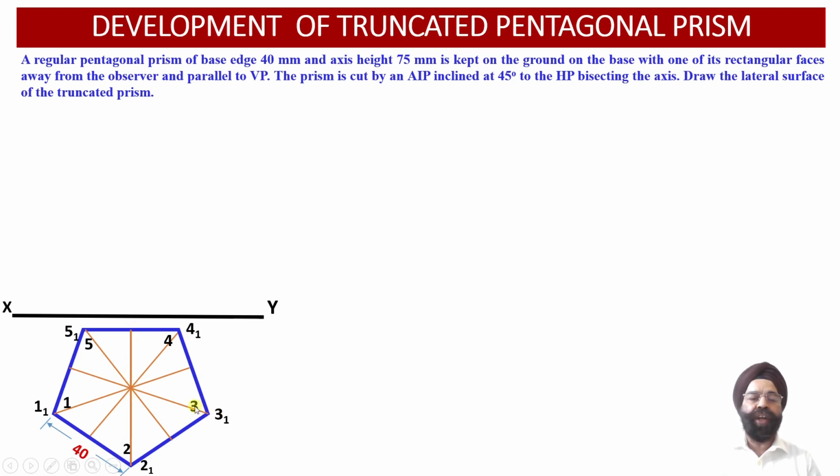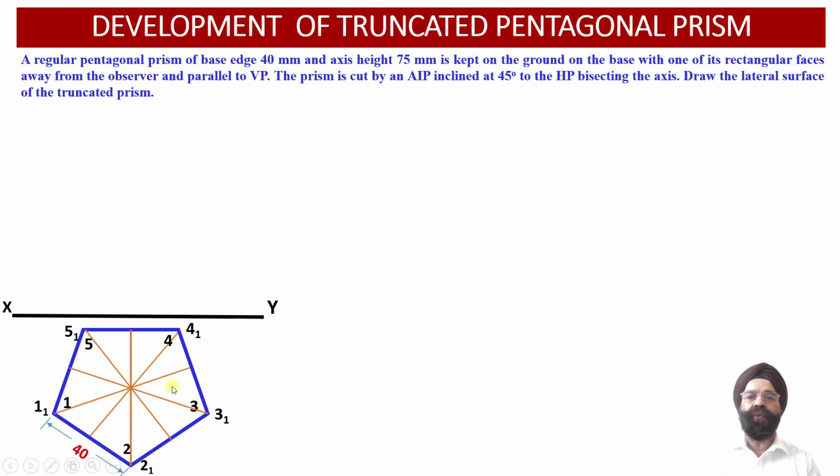Similarly, from the corner point 3 of the base, we have drawn the perpendicular bisector of the edge 1, 5. From the base corner point 4, we have obtained the perpendicular bisector of the edge 1, 2. And from point 5, we have obtained the perpendicular bisector of the base edge 2, 3.